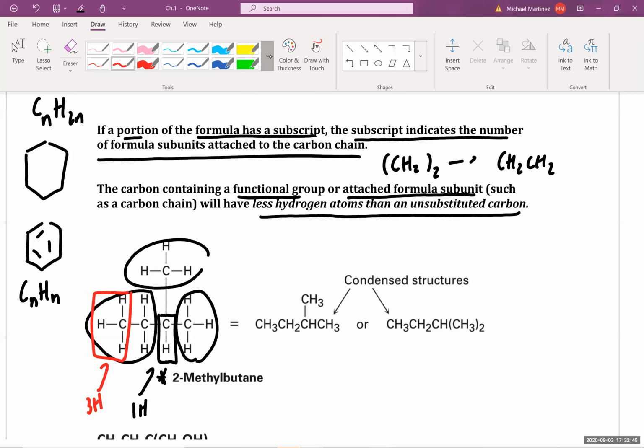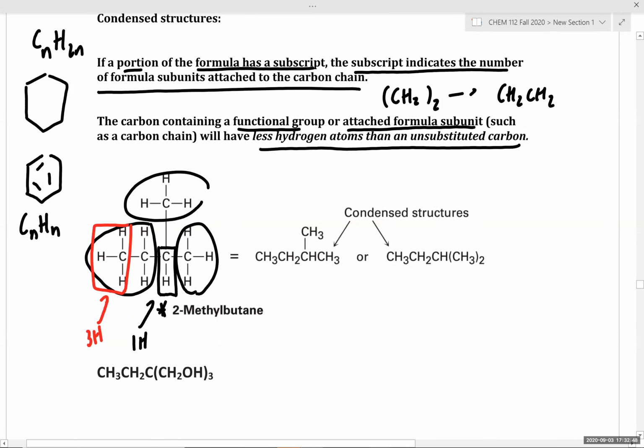This is really key: whenever you observe a functional subunit in parentheses after a carbon, if that carbon has fewer hydrogens than a typical straight chain alkane, then the groups indicated in parentheses are attached to our carbon.